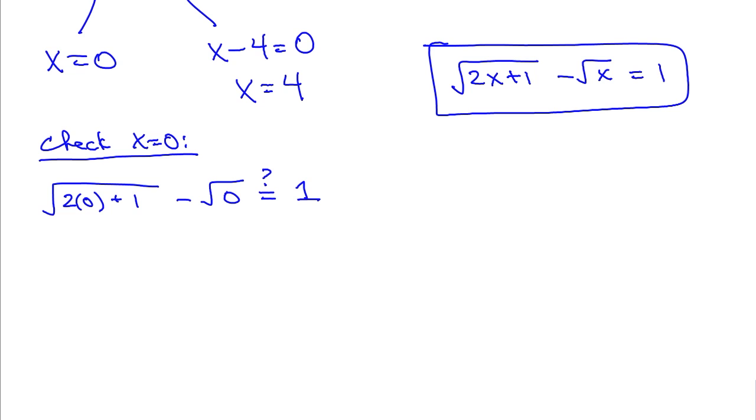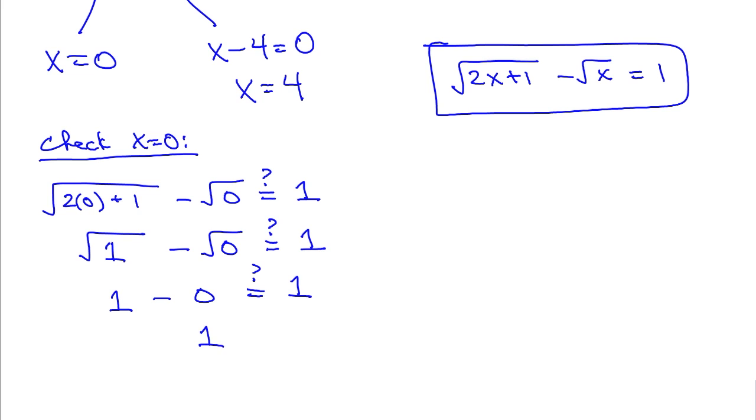I need to simplify the left side. So 2 times 0 plus 1 is 1, minus the square root of 0, that might be equal to 1. Square root of 1 is 1, square root of 0 is 0, that's equal to 1. And so we have 1 is equal to 1. That checks out. So 0 works.